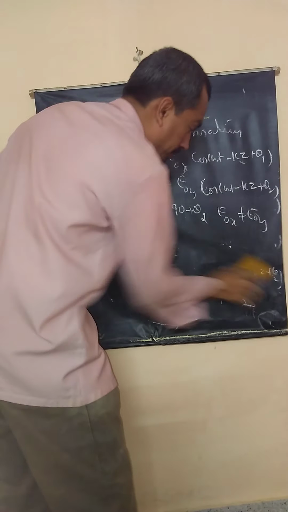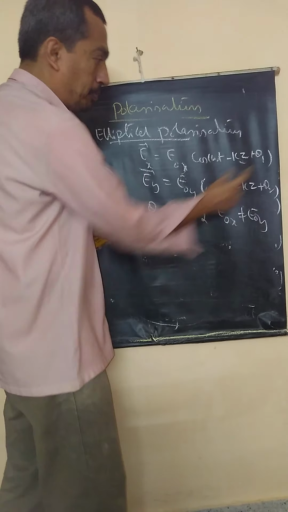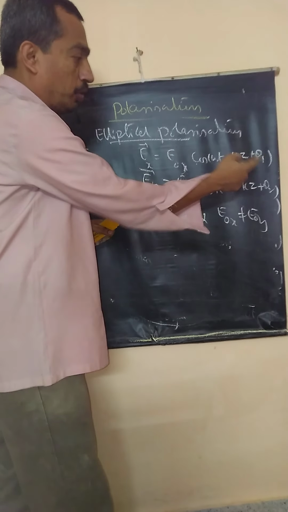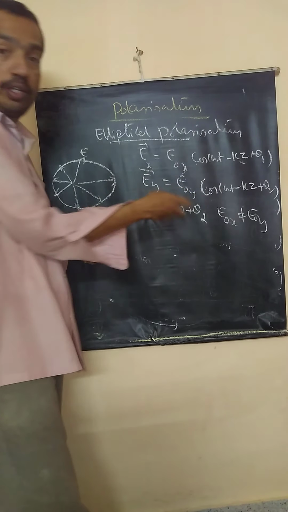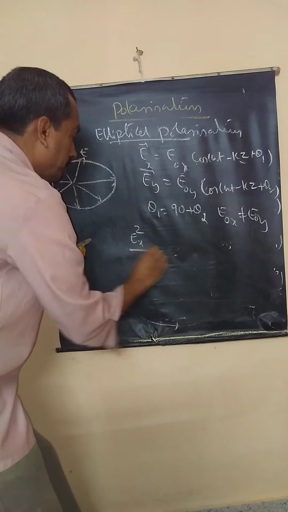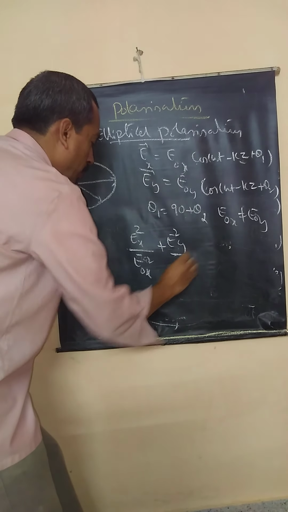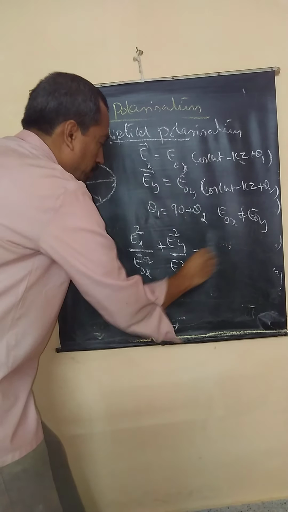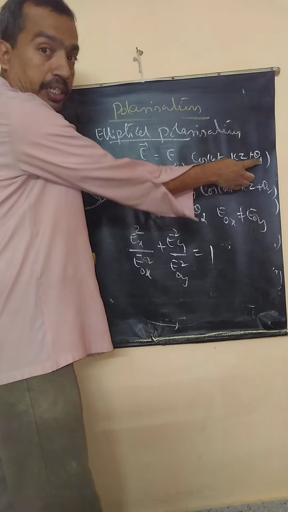If you square and add, see here, theta 1 is 90 plus theta 2. Cos of 90 plus theta 2 will be sin theta 2, correct? Sin square plus cos square is 1. So let us square and add: Ex square over E naught x square plus Ey square over E naught y square is equal to 1, correct?